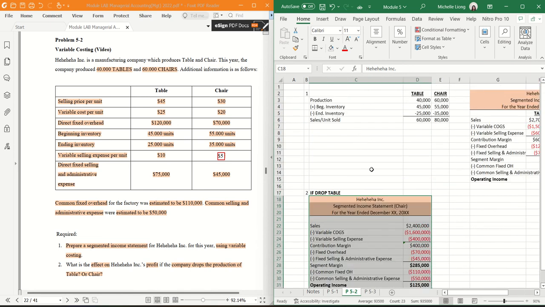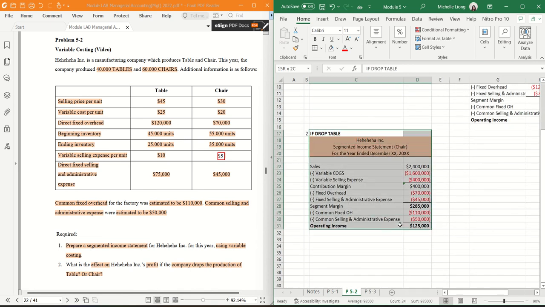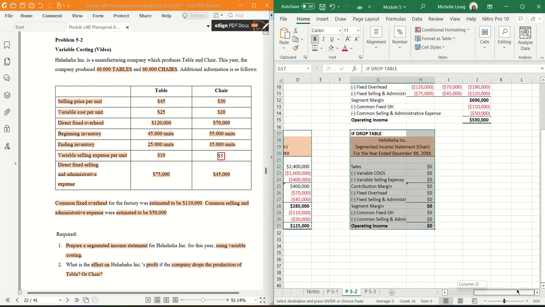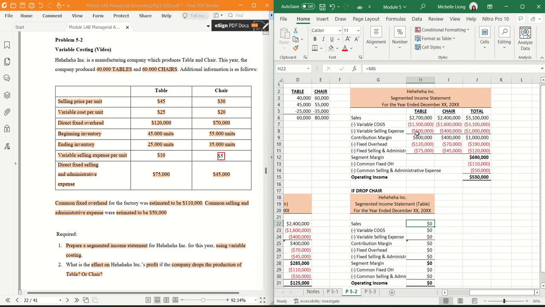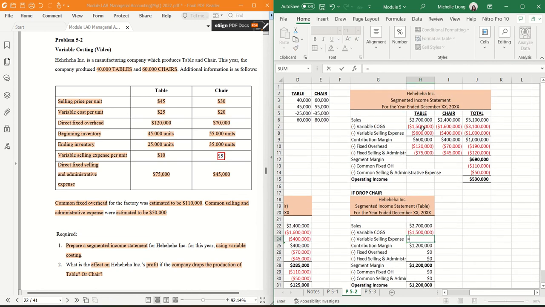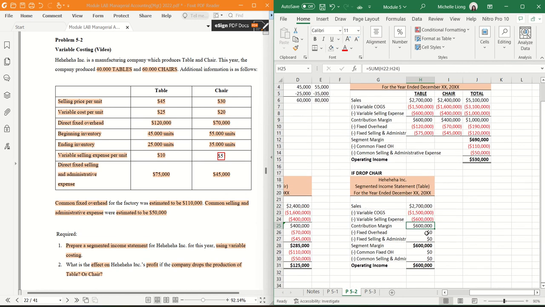Yep, looks better. If drop chair. So this is for table. Okay, it's still the same. Take it from here, from here, from here, and we get 245.